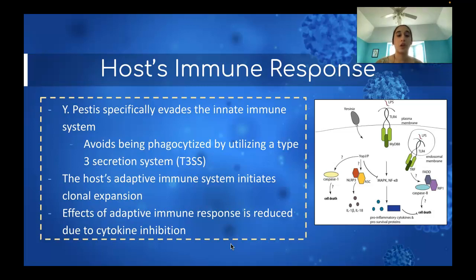And so the host really relies on the adaptive immune system, which initiates clonal expansion, basically the proliferation of T and B cells.